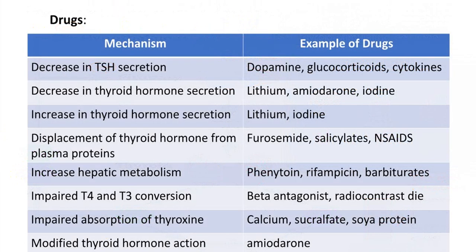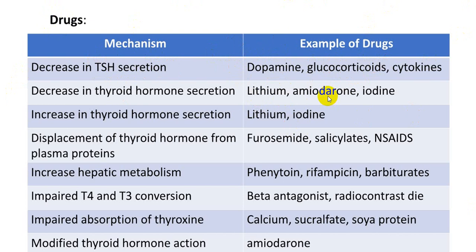Now there are some factors which will affect TSH secretion. Dopamine, glucocorticoids and cytokines will decrease TSH secretion. Dopamine is also called prolactin inhibiting hormone. So dopamine will inhibit TSH secretion, and glucocorticoids also will inhibit TSH secretion.